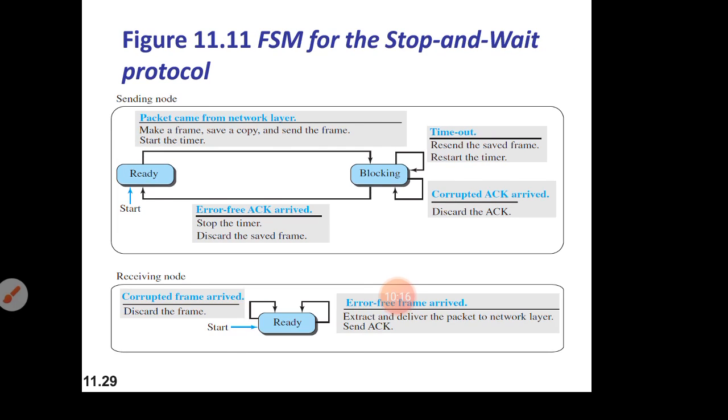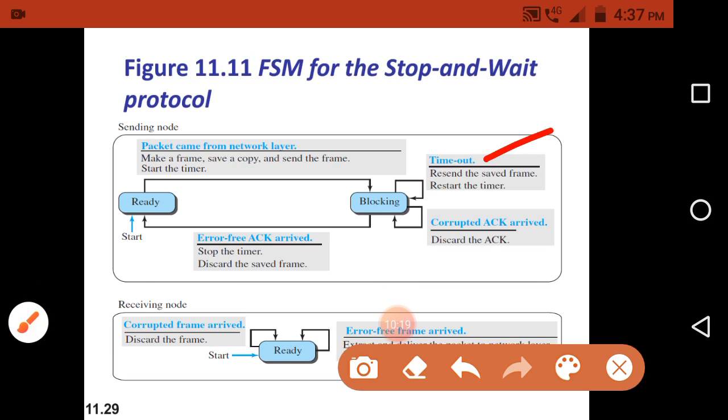In the blocking state there are three events: timeout, corrupted acknowledgement arrived, and error free acknowledgement arrived. Timeout means this: whenever the sender has sent the frame to the receiving node, if the receiver receives the correct frame, then only the receiving node will send the acknowledgement to the sending node.